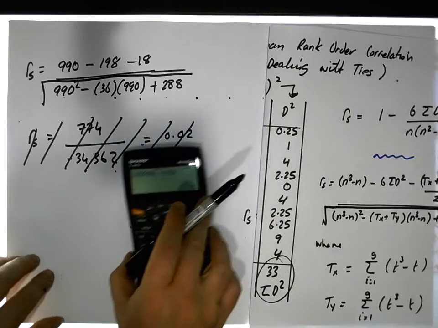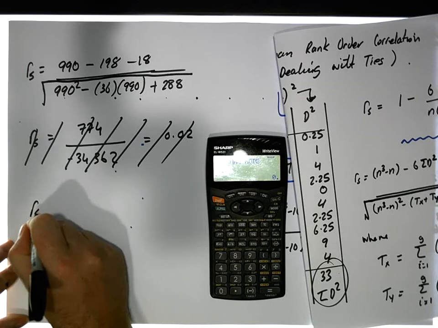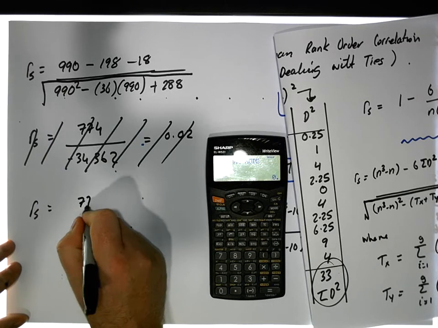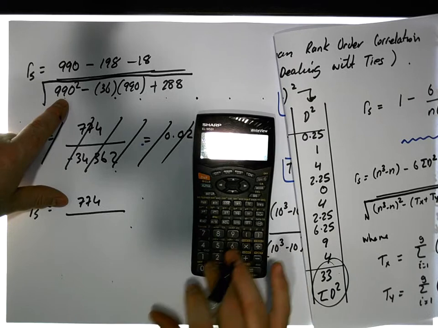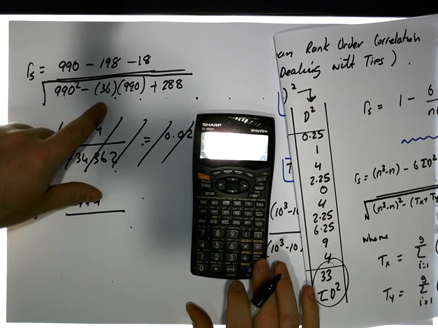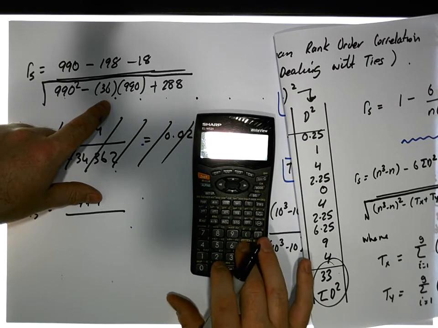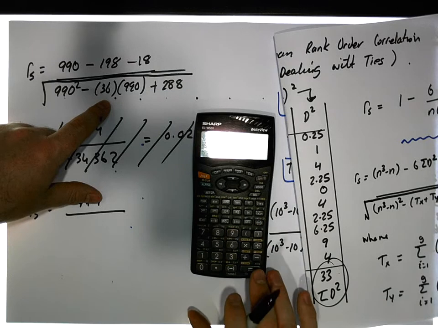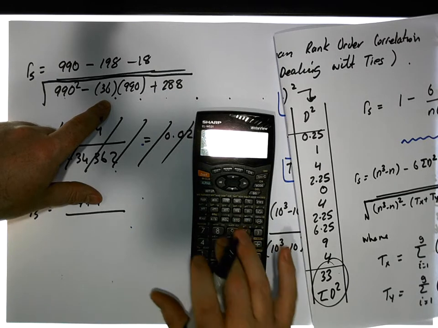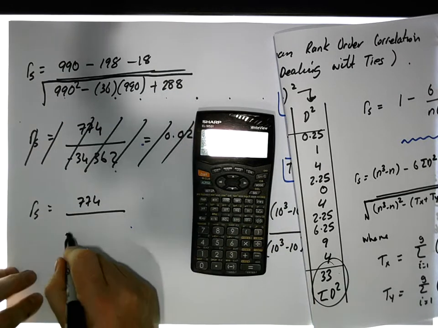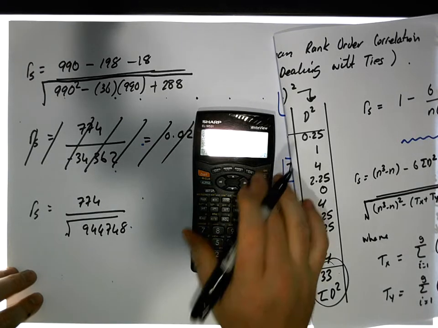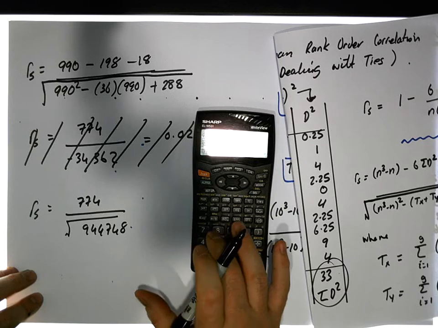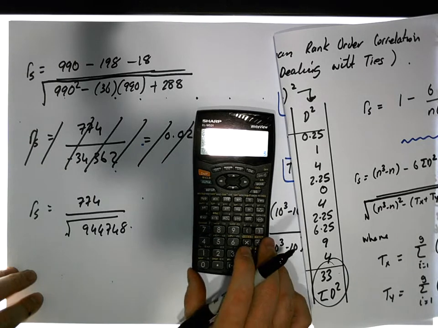So in this case here we have Rs is equal to 774, and we have 990 to be squared, minus 36 times 990, plus 288, gives us the square root of 944748. So we get the square root of 944748, which gives us a value of 971.98.